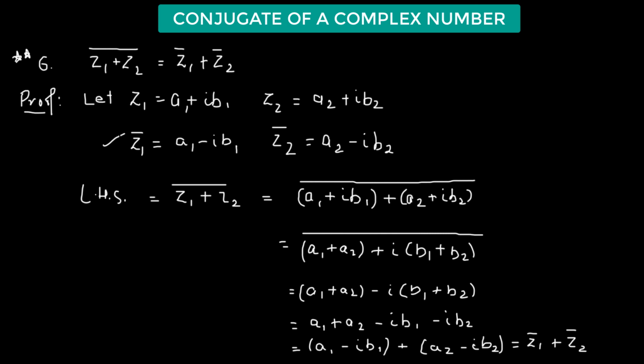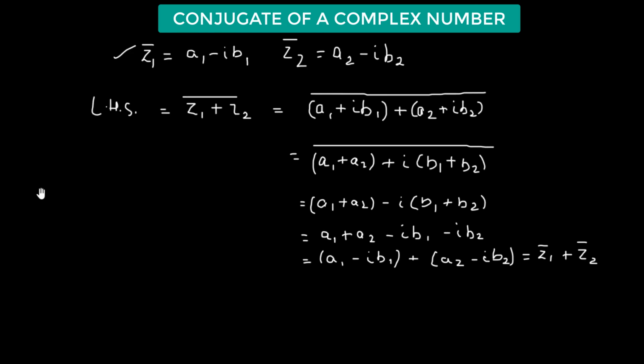The next property is similar to this one. So if we have property number 7, if we have z1 and z2 as two complex numbers and we find out z1 minus z2 and we take the conjugate of it, then this will be equivalent to z1 bar minus z2 bar. I'll leave this as an exercise for you to try out.